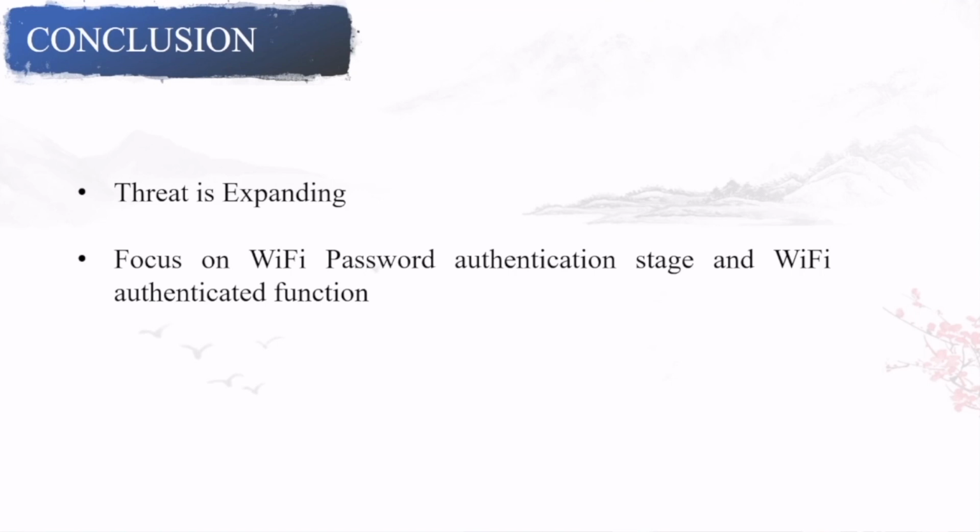Nowadays, personal computers, mobile phones, and more IoT devices support wireless network communication, and the security of their underlying communication protocol is extremely important. And security research on this protocol has important value.